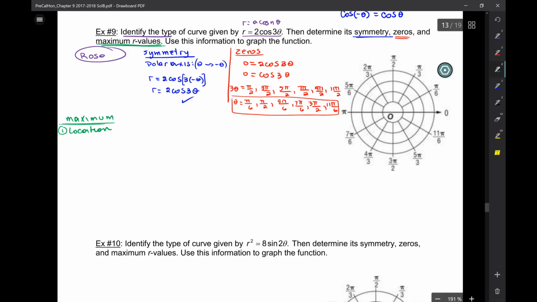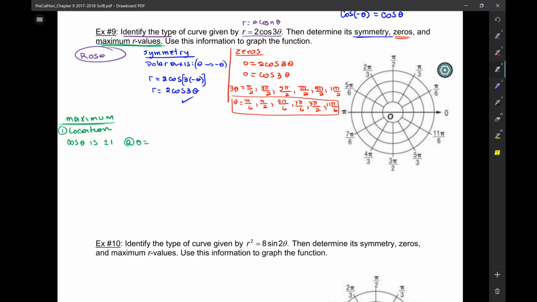Okay, cosine of theta is max at theta equals what? 0, 2 pi. So, when I say max, let me specify plus or minus 1, right?